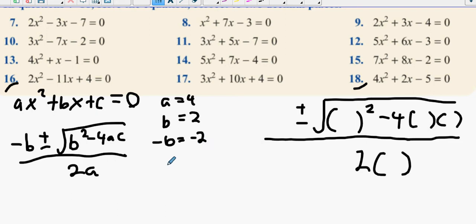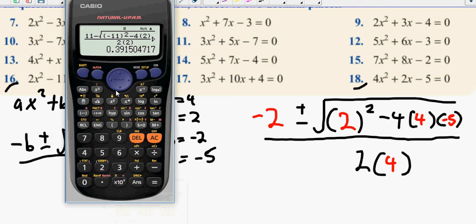Then c equals minus 5. You then fill in your blank equation like last time. Minus 2, 2 squared, 4 times minus 5, 2 times 4. If it comes up as a maths error, it means you forgot one of the minus signs, okay?